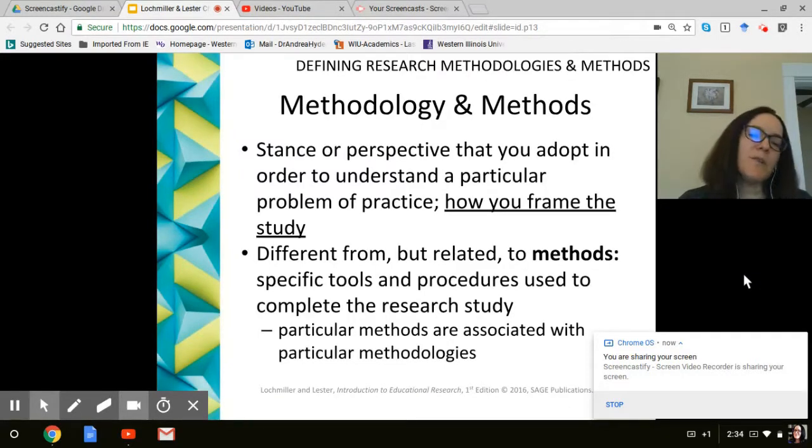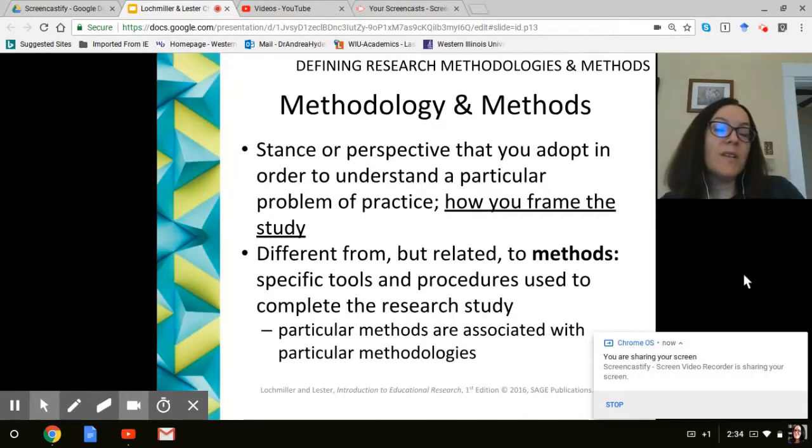So first, a little word about methodology and methods. Sometimes these words are used interchangeably, even by researchers themselves, but because we're learning the basics of research methods, I want to point out that methodology is something broader than methods.